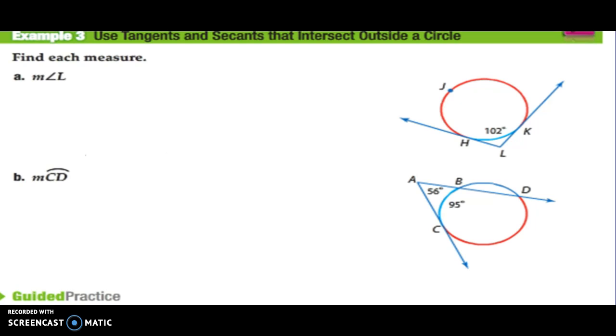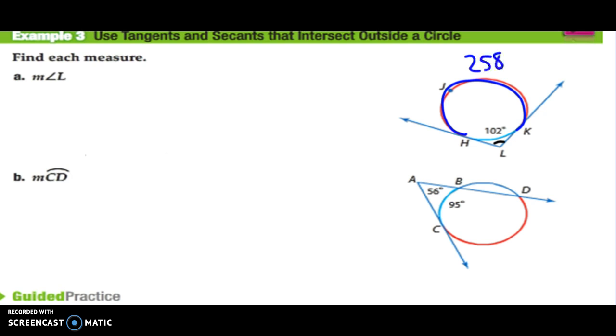So in our case right here, let's find the measure of angle L. Well, if I'm looking for angle L right there, I know that arc HK is 102. I can figure out that HJK is going to be 360 minus 102. That's 258.